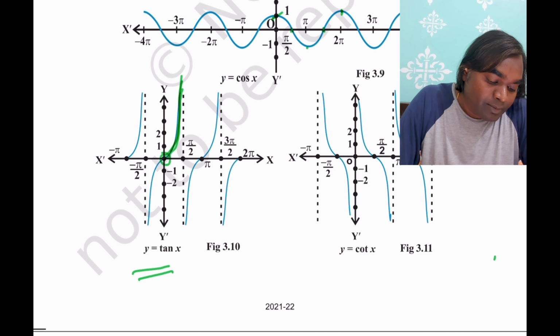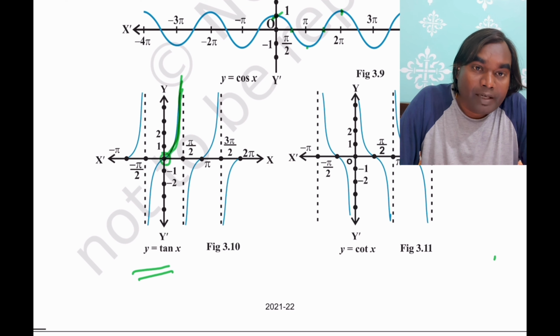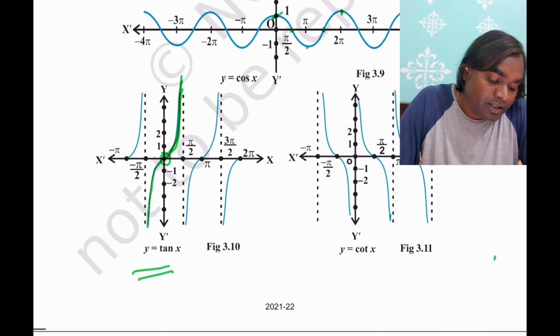And similarly, when we move in the negative direction, when the angle moves to minus pi by 2, it also decreases towards minus infinity.